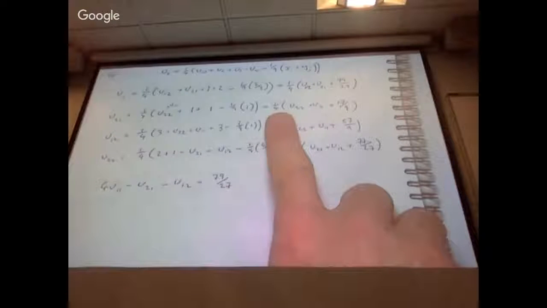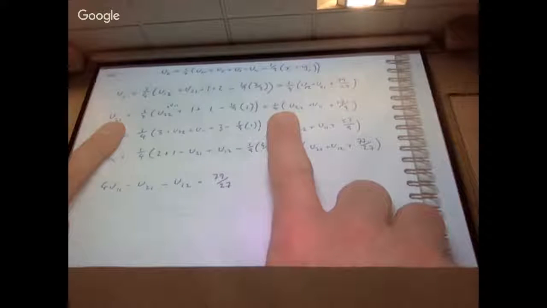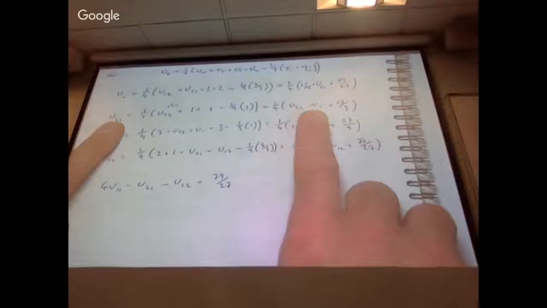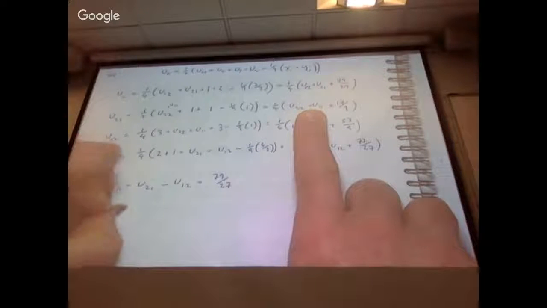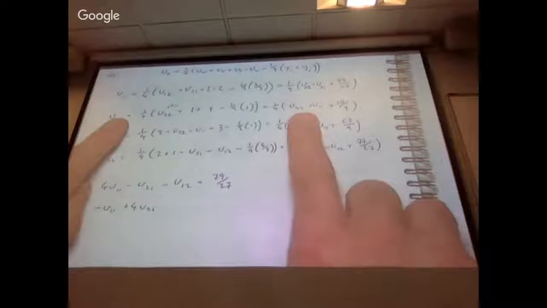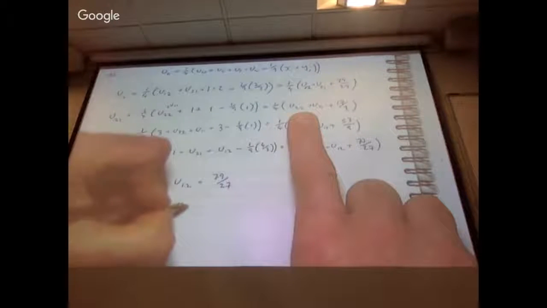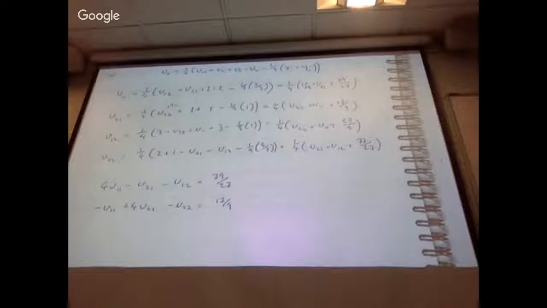Do the same with this one. So here, I'm going to multiply throughout by 4. So I'm going to have 4 times u21. And then I'm going to subtract u22 and u11. I'm going to write u11 first, so it's nicely underneath that one there. Minus u11 plus 4 u21, and then minus u22 equals 17 over 9. Okay, and I'm going to keep going like that.